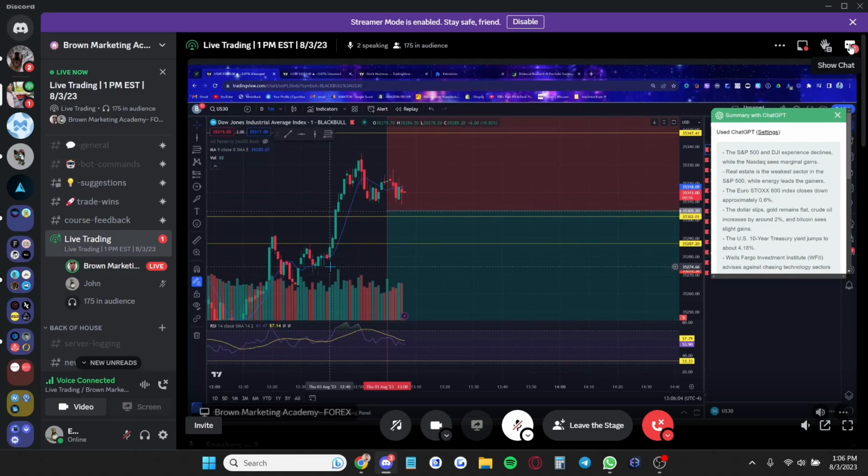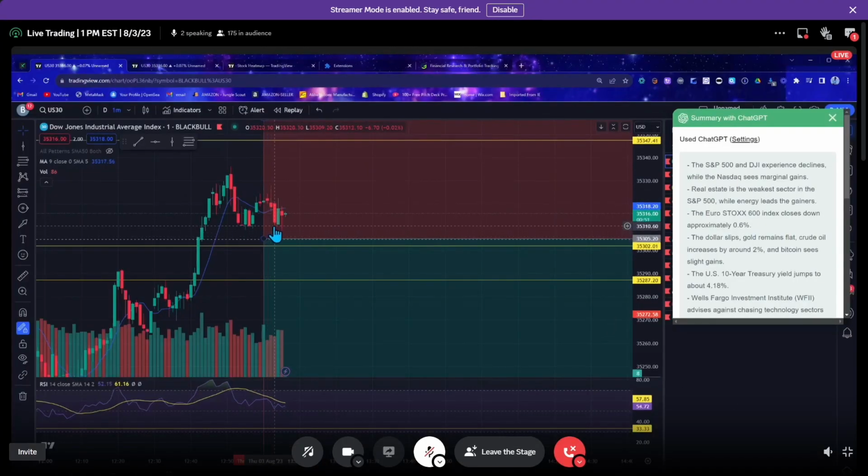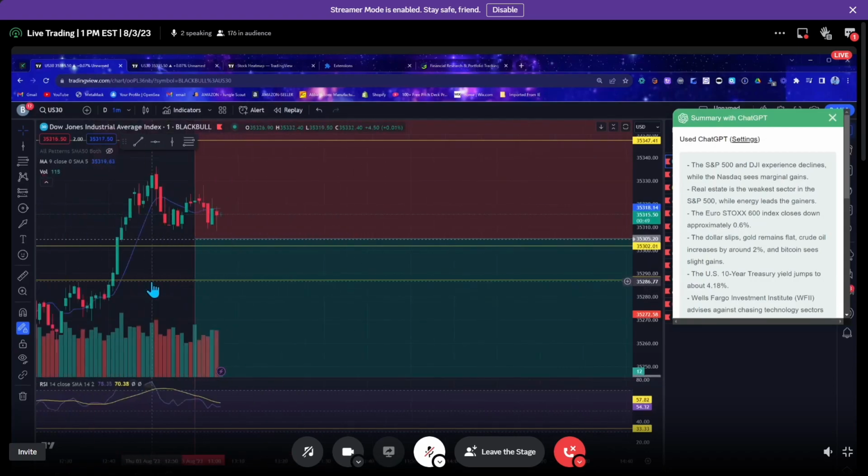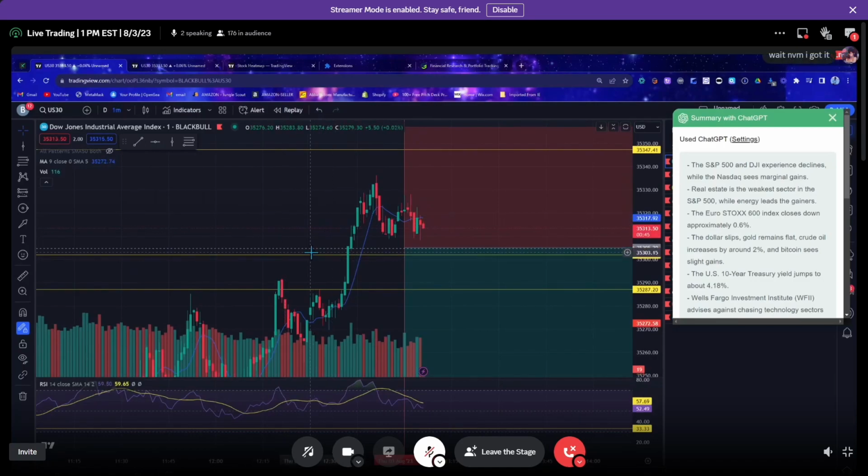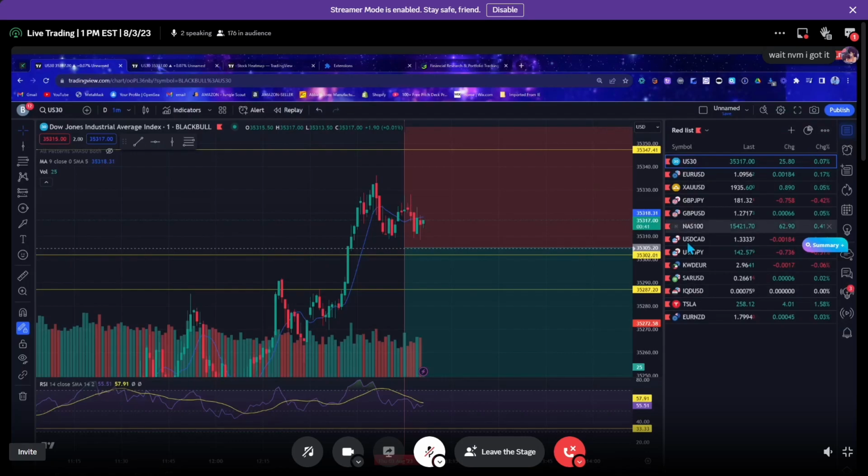But it looks like sellers are in the game. See this candle right here. So sellers are in the game. Now all we need is momentum. Selling momentum.